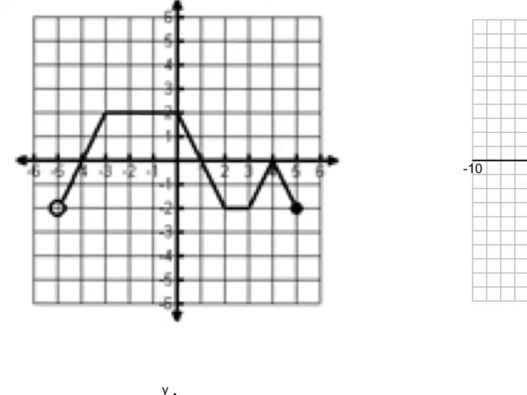Okay, so here's our first example. And before we start this with intervals, let's take a chance to say the domain and range of this. So domain, remember, goes from left to right. So on the left side of the graph, we're at x equals -5, and there's an open circle.